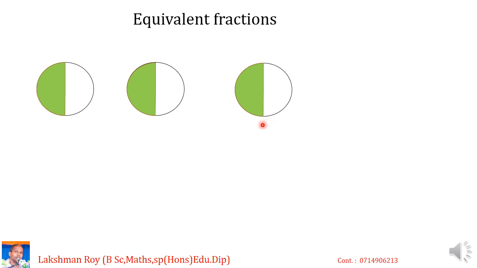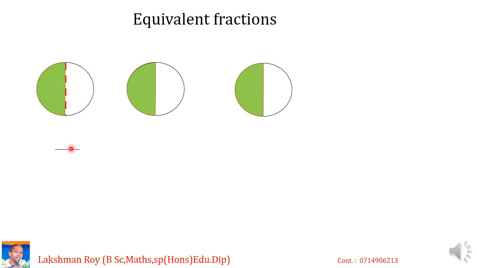Now let's see. In the first figure you can see I divided it using this dotted red line into two equal parts. Now I want to represent this colored portion as a fraction. How to write a fraction?